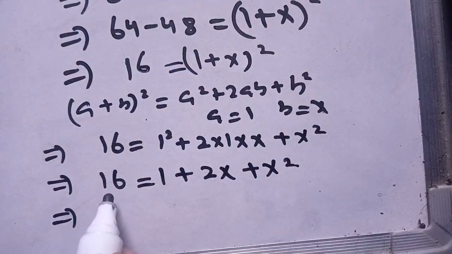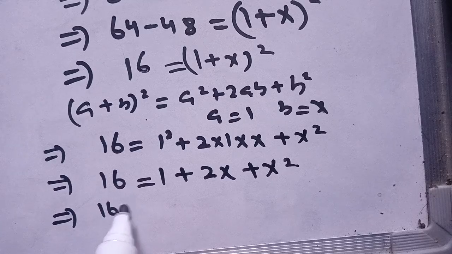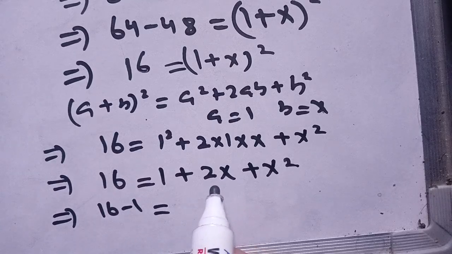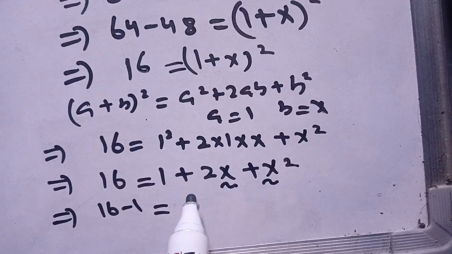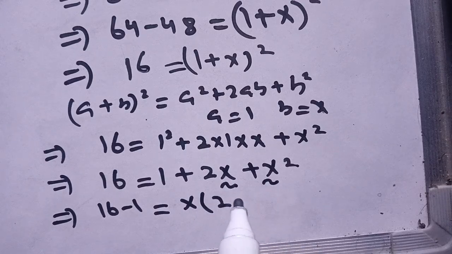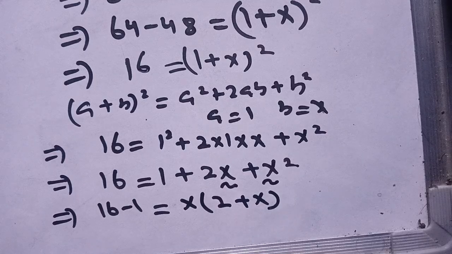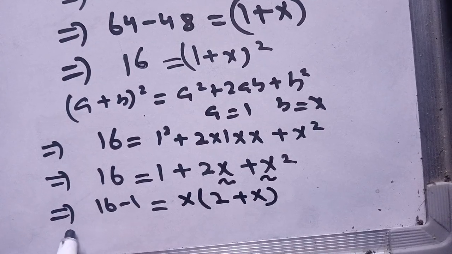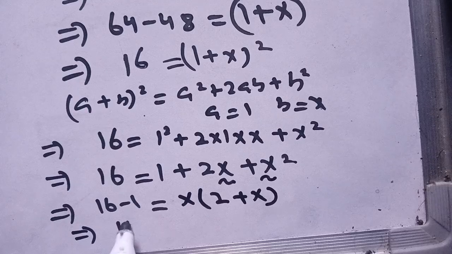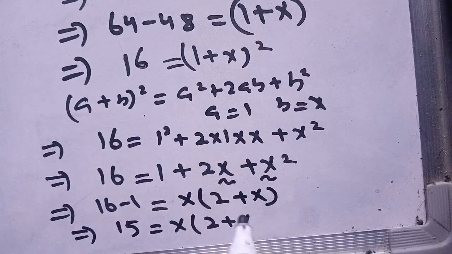Which implies 16 minus 1 is equal to 2x plus x square. We can take out x common from both of these terms, we get x times 2 plus x. Now it becomes 16 minus 1, which is 15, is equal to x times 2 plus x.